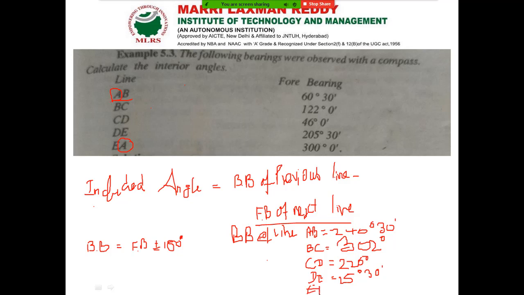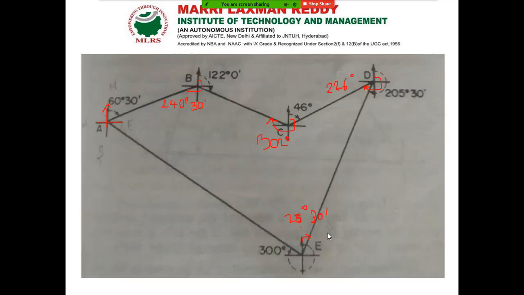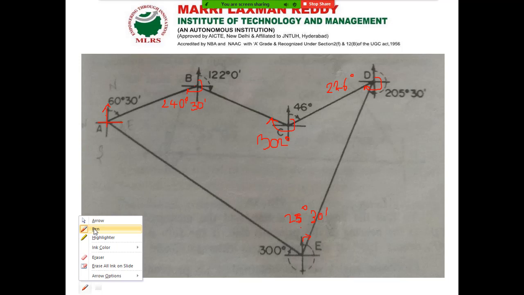We have to deduct 180 degree from this, so 300 degree minus 180 degree, we are getting 120 degree, 120 degree as back bearing for the line, so that we can mention here 120 degree.